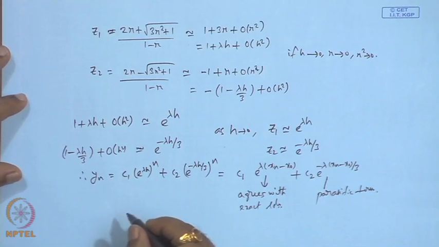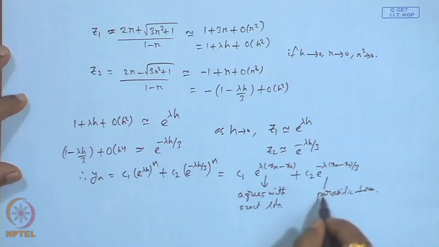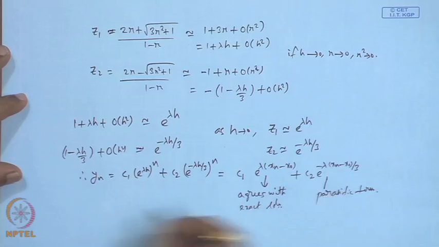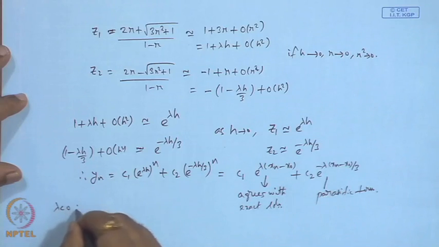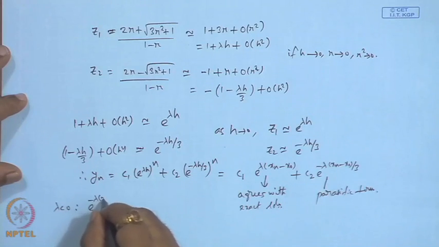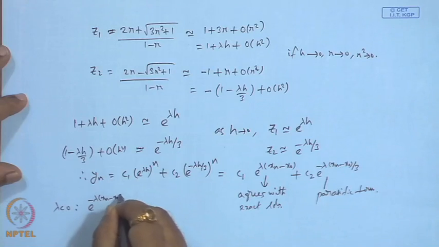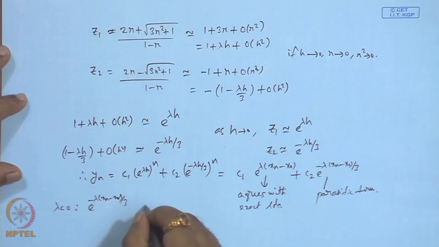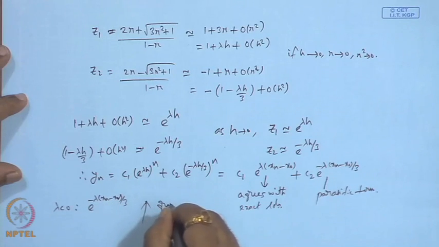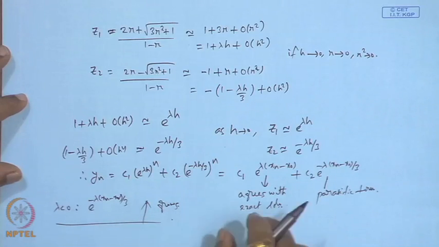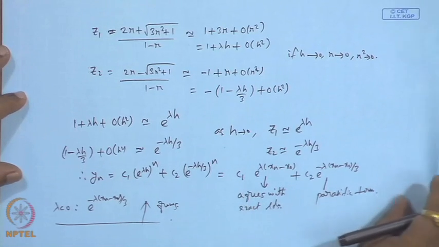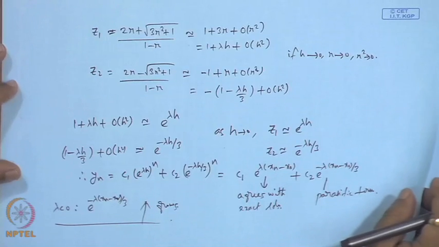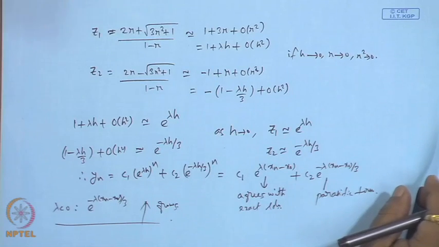Okay. So, now if lambda is negative, this grows and creates trouble. Okay. So, this is another example where we could analyze.